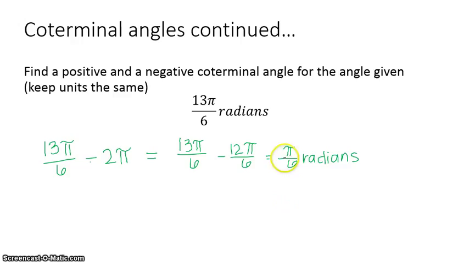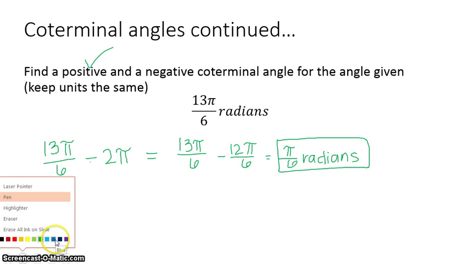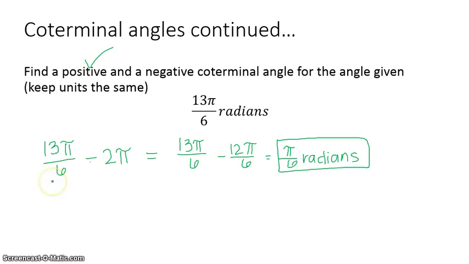Now this is still a positive answer. I want a positive, so there's that one, check, and a negative answer. So to get my negative answer, I'm going to need to subtract maybe 2 circles. So 13 pi over 6 minus 4 pi, because that'd be like going around twice.